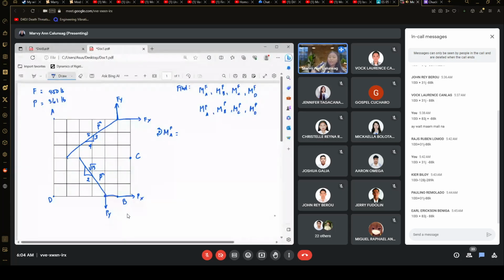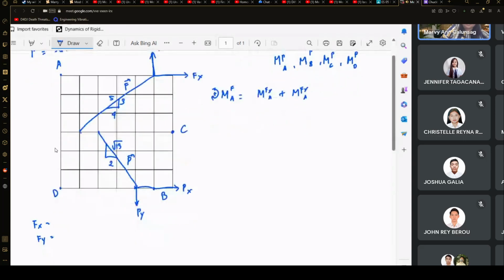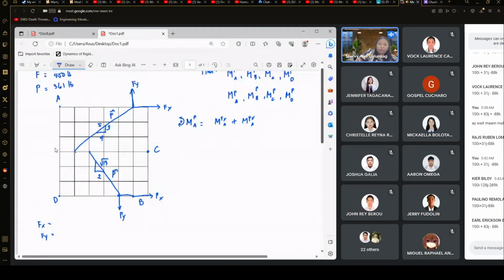So, our F has components Fy and Fx. What we will do is get the moment of Fx about A plus the moment of Fy about point A. Therefore, we get the value of Fx and the value of Fy. We are given F, which is 450 pounds.